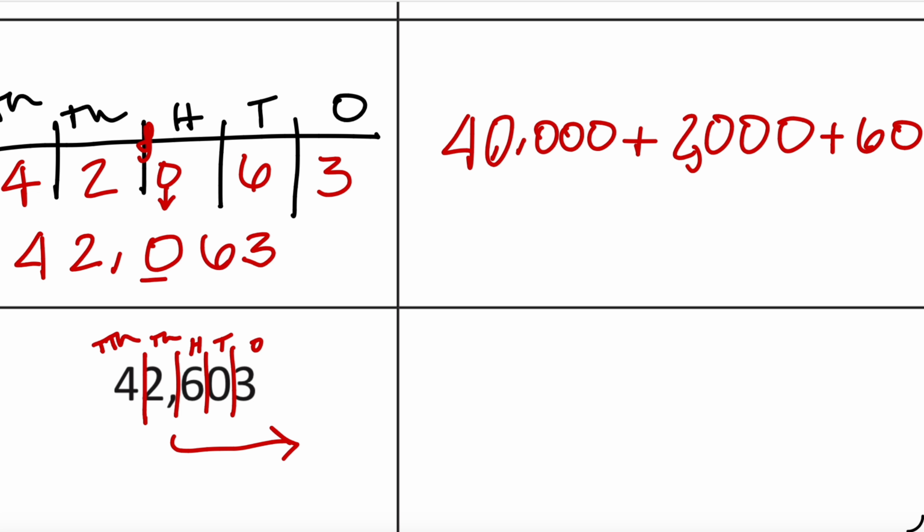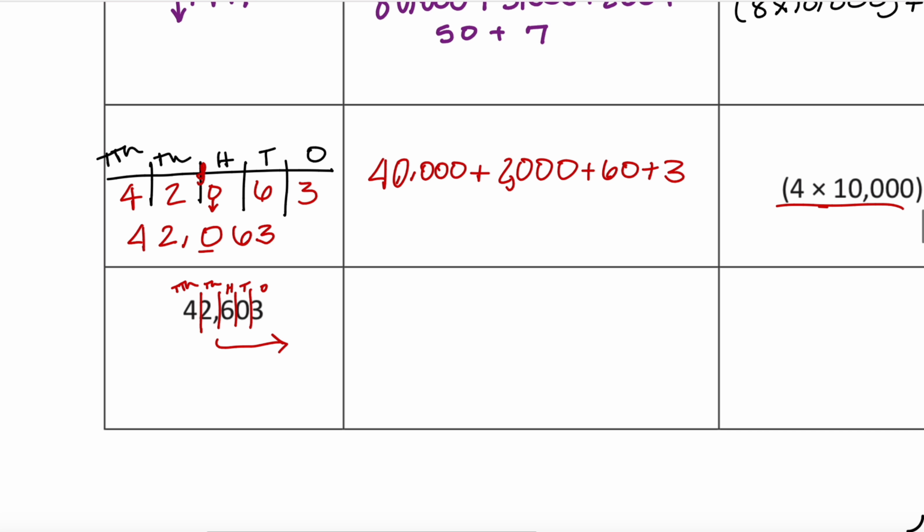All right, so here I know that I have 4 10,000s. 4 10,000s is 40,000. Okay, plus how many thousands do we have? 2 thousands, or in this case 42 thousands. Okay, we also have 600s, and then we have 3 ones.